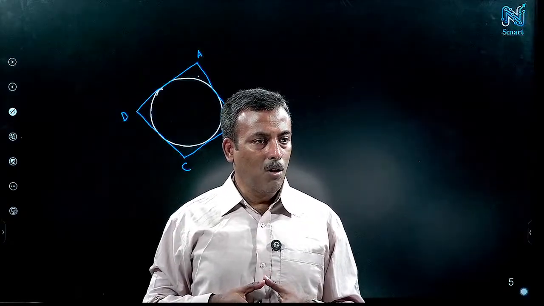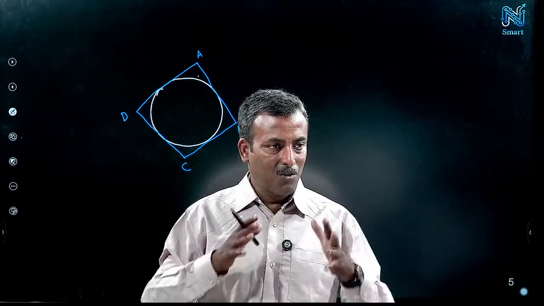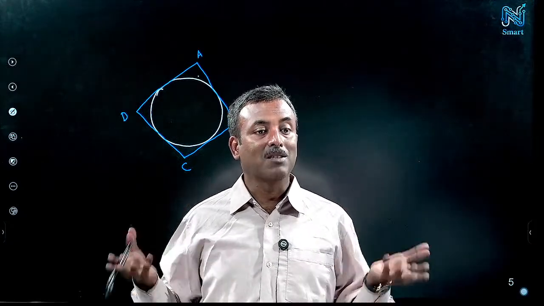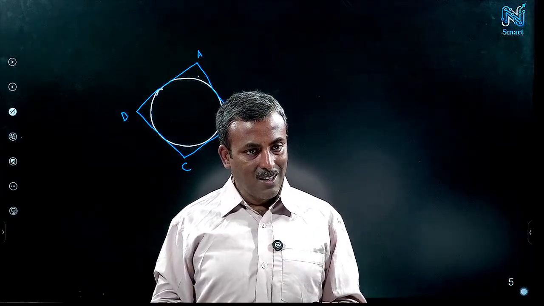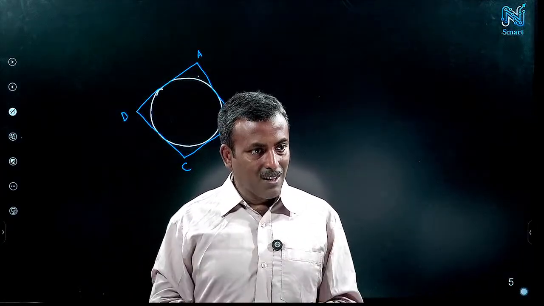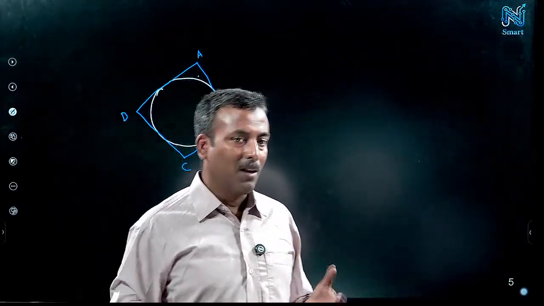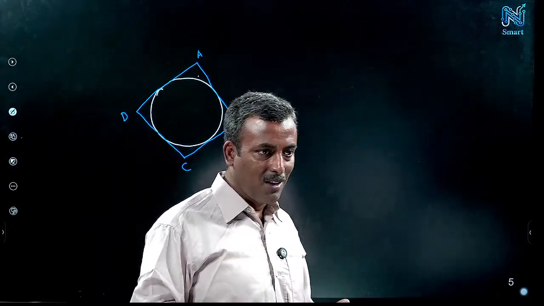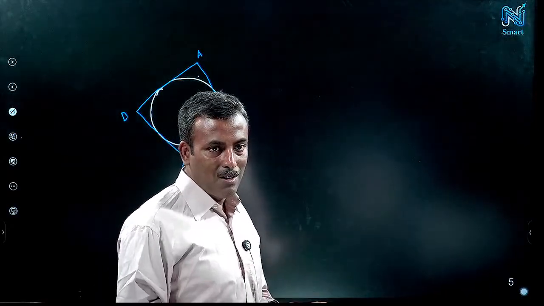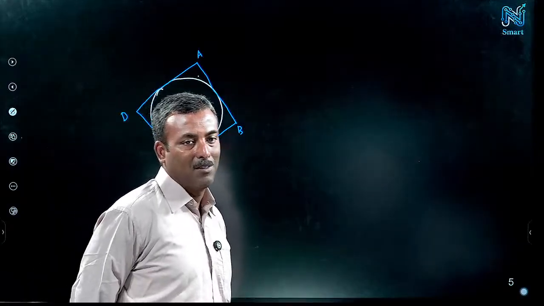In that situation, we call it an incircle, right? The circle is the incircle, and this quadrilateral is said to circumscribe the circle. The quadrilateral circumscribes the circle, and the circle is inscribed in the quadrilateral. Okay, and in the previous situation, the circle is called the circumcircle, and the quadrilateral is inscribed in the circle. Okay. Now, what is the property here?